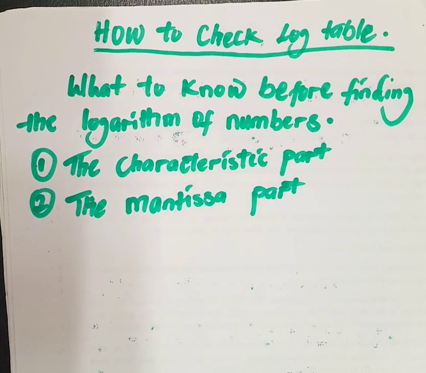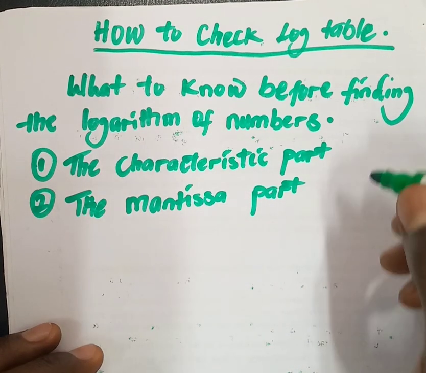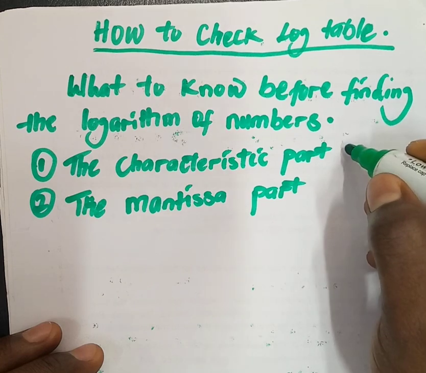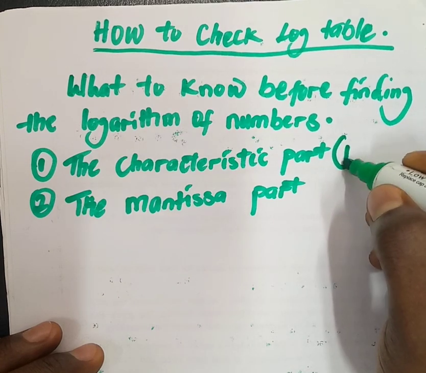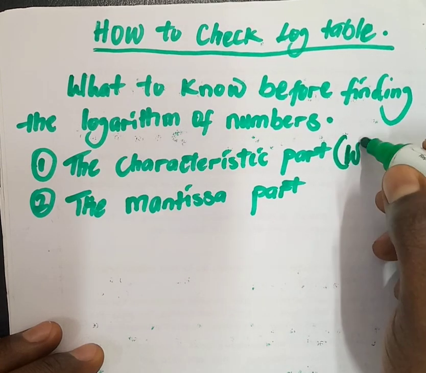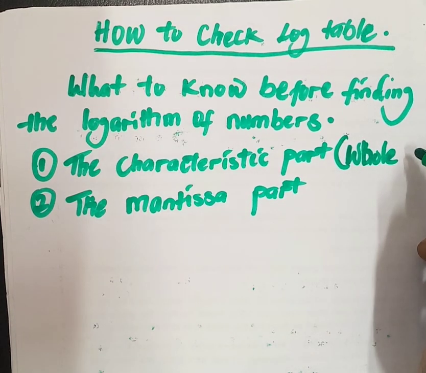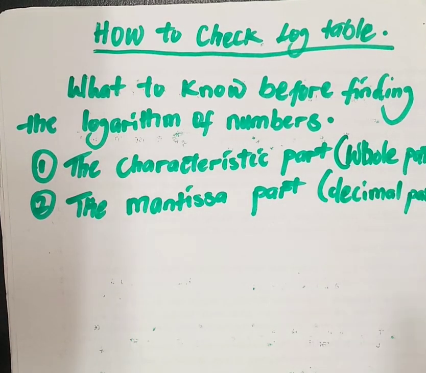These are the two things you have to keep in mind while trying to find the logarithm of numbers. The characteristic part of the logarithm is also called the whole part, while the mantissa part of the logarithm is also called the decimal part.